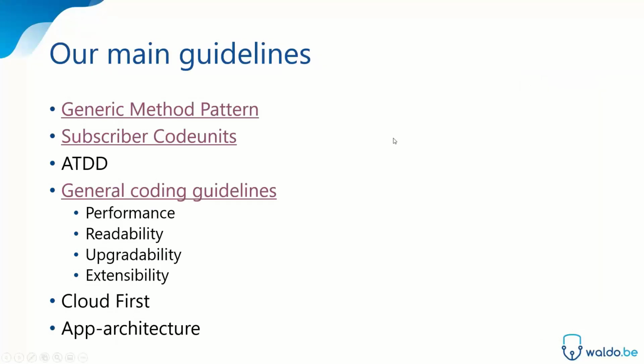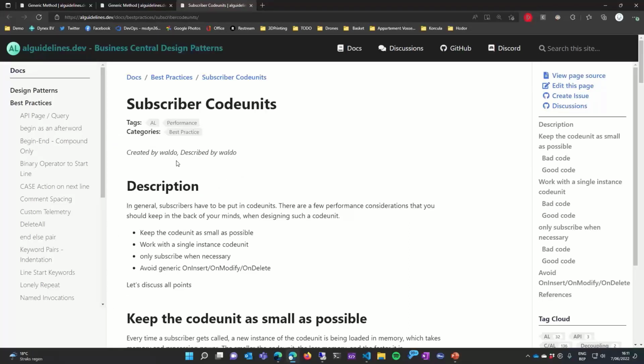Another guideline that we apply all the time, I mean, no questions asked, let's say, is the subscriber codeunits. It's again a guideline. It's not really a pattern, it's a guideline. It's basically isolating your subscribers in multiple codeunits. And there are multiple ways to do that, or multiple ways to think about that.